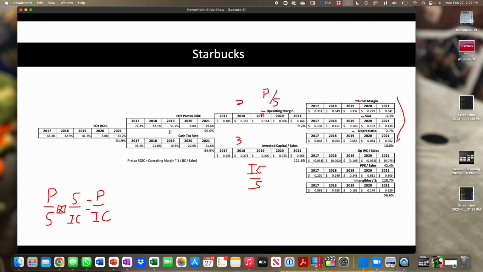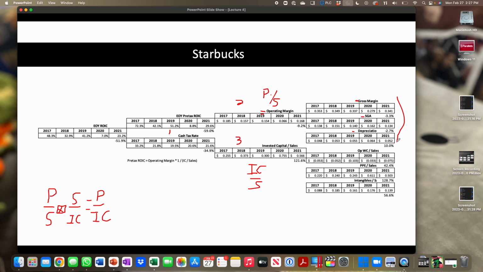Is that gross margin falling or rising over 5 years? And if my gross margin's falling, what happens to operating margin? All things being equal, it would also be falling. So one of the reasons why the operating margin fell is because the gross margin fell. They're making less every time they sell a cup of coffee. Difference between price and cost.